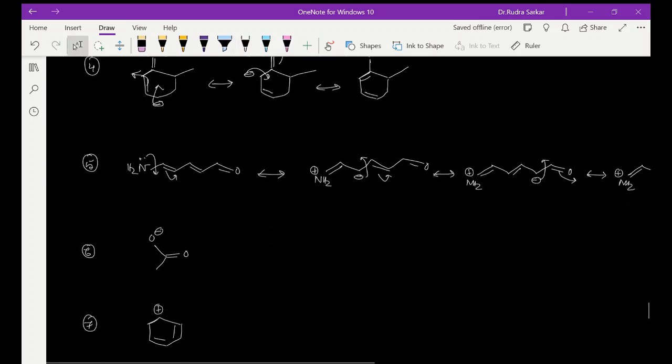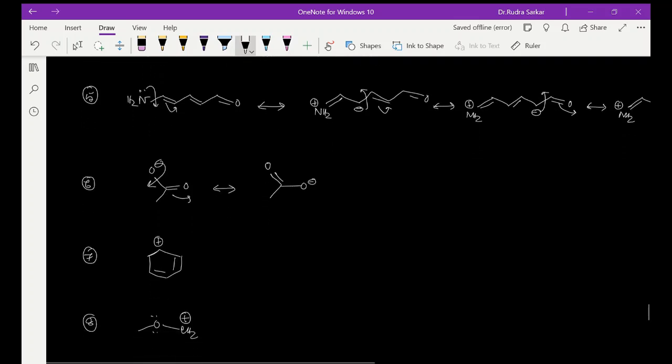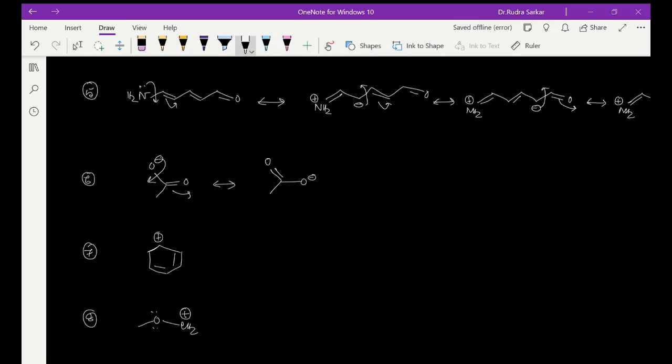Okay. This is your acetate, which I have done before, and so the structures that we will get are as shown. Negative charges, positive charges there, the pi bond moves in like that.